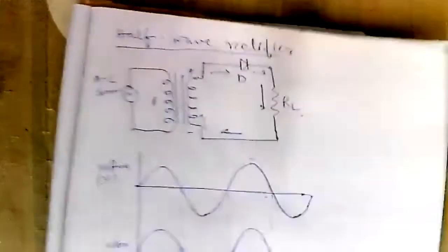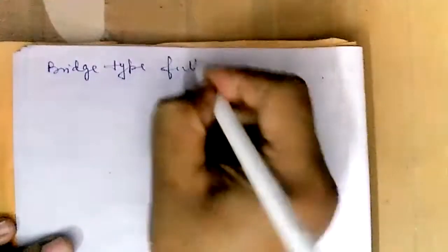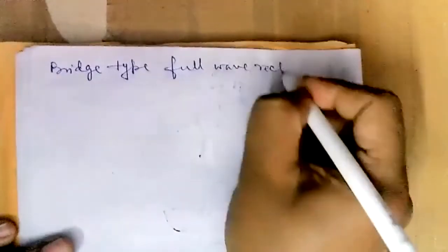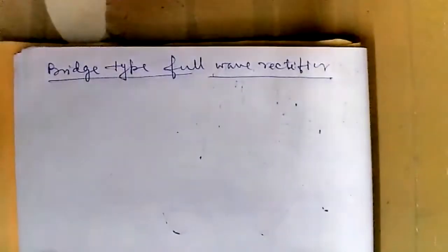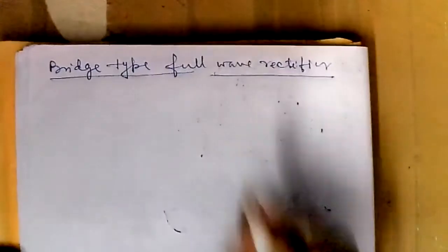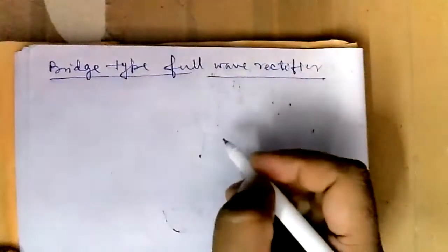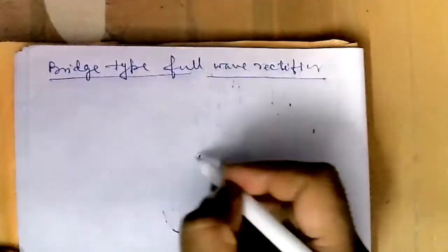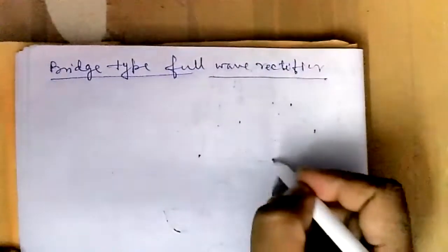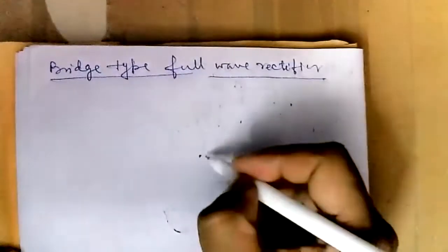To overcome this problem, we have another type of rectifier, which is called bridge type full wave rectifier. Here we will use 4 diodes, 4 PN junction diodes. These are arranged in the form of a Wheatstone bridge.